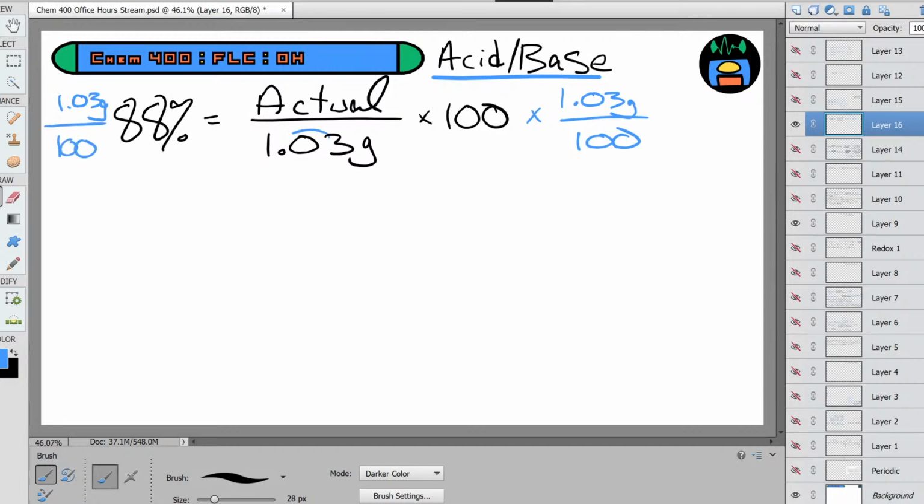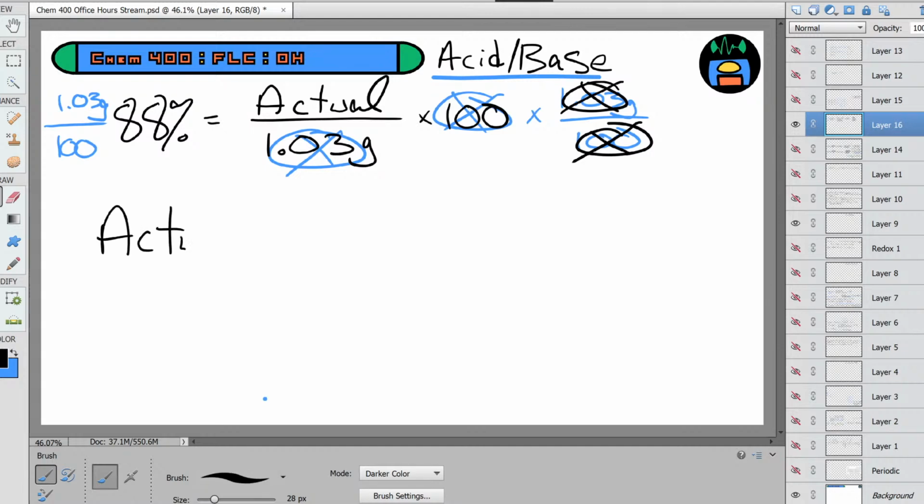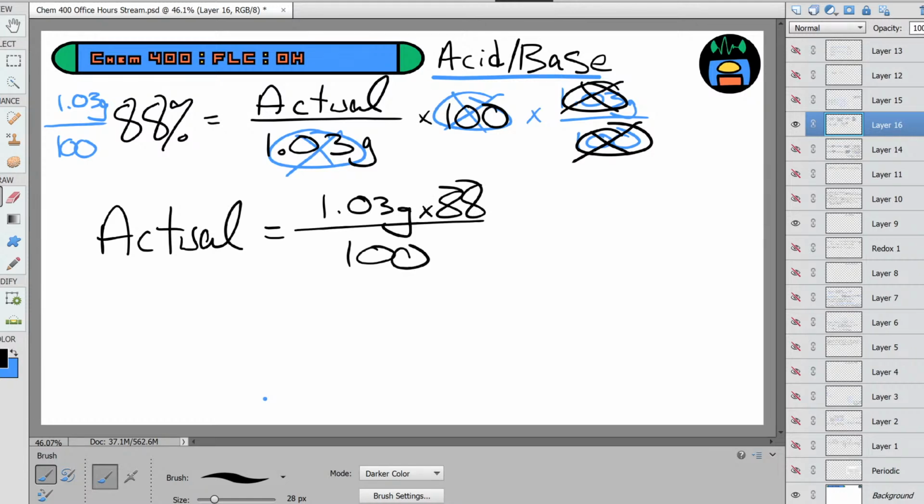So that 1.03 grams cancels 1.03 grams, and 100 cancels 100. So we get our actual yield is 1.03 grams times 88 over 100.